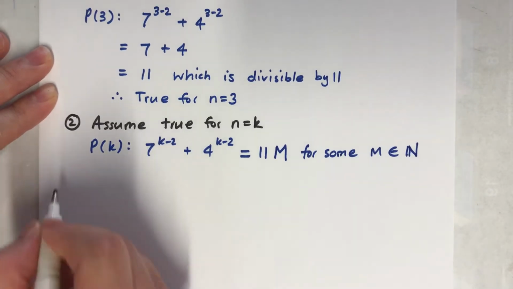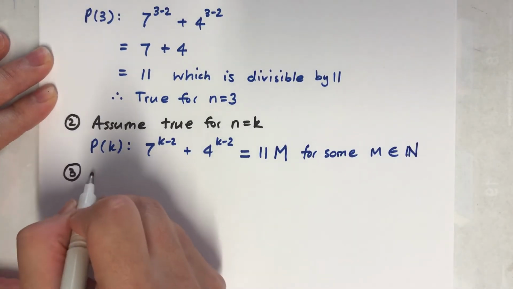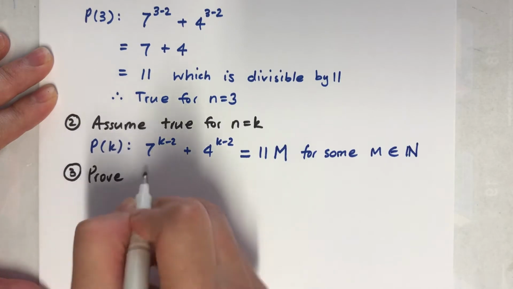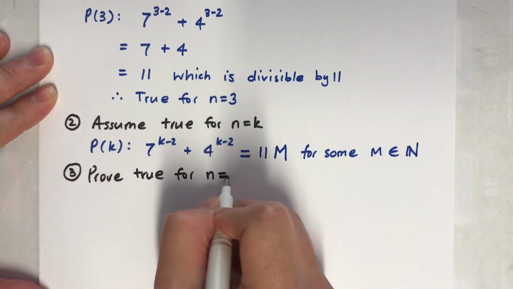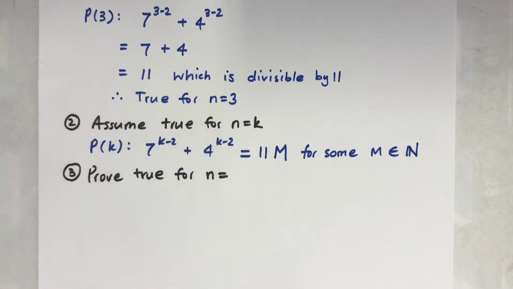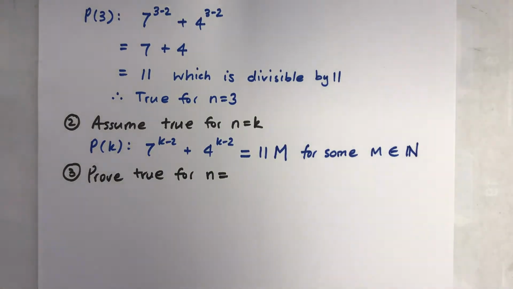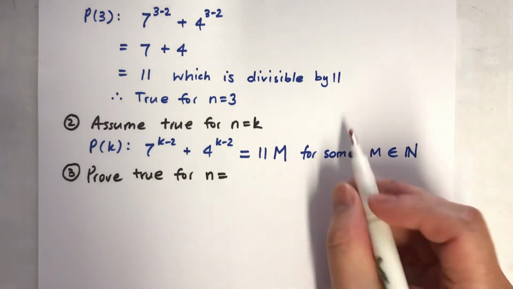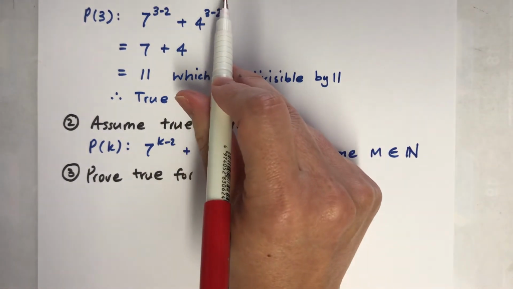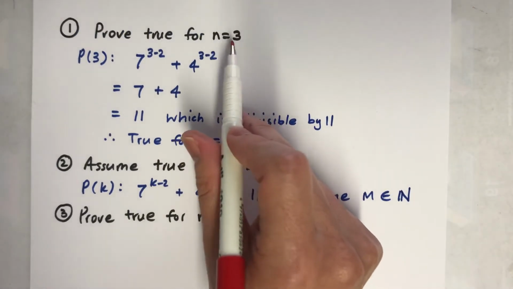Alright, so step 3, prove true for n equals. Now this is going to be a little bit tricky again. I can't use k plus 1 because the smallest k will be 3, wouldn't it?